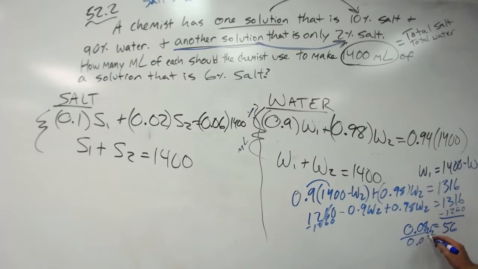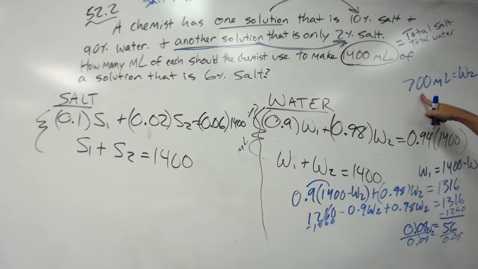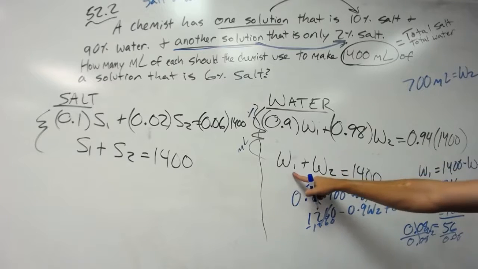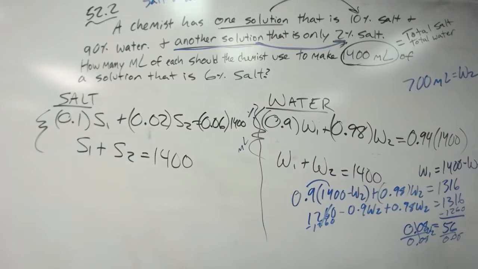Divide to get 700 milliliters. 700 milliliters is, what was that? W2. Well, if that's 700, and your total is W1 plus W2 equals 1,400, that means W1 is also 700.